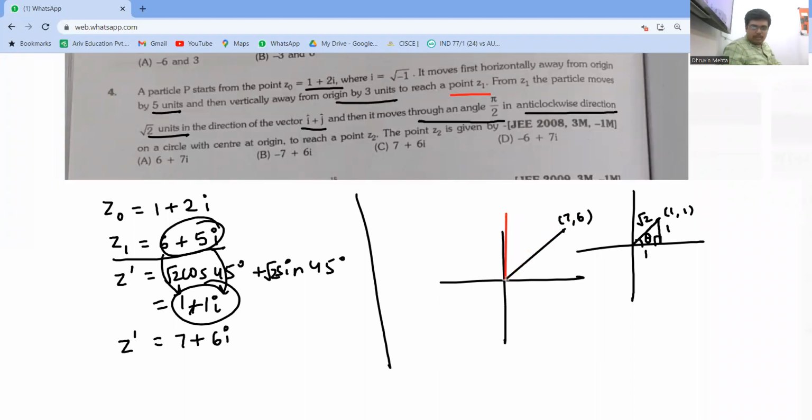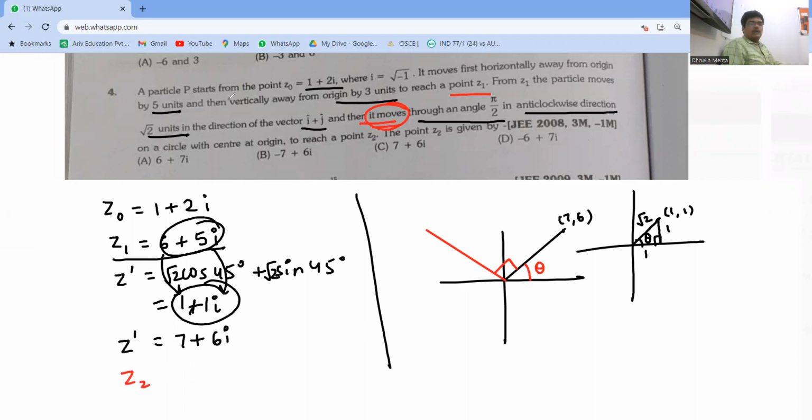So this direction by 90 degree. Now they are saying and then it moves. So then who moves? The new point. What is the new point? 7,6.